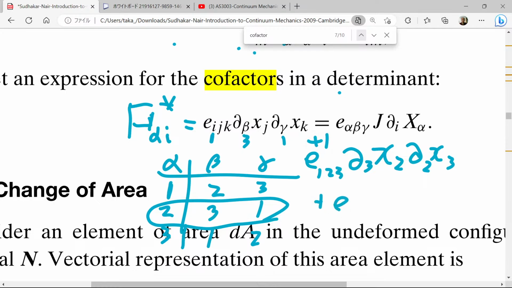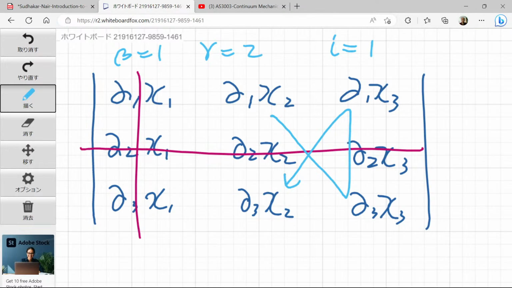Plus epsilon 1, 3, 2. This is minus 1. Then you have partial 3 x3 partial 2 x2. 2, 3, 3, 2, 2, 3. 3, 2. This is strange, right? What is wrong?